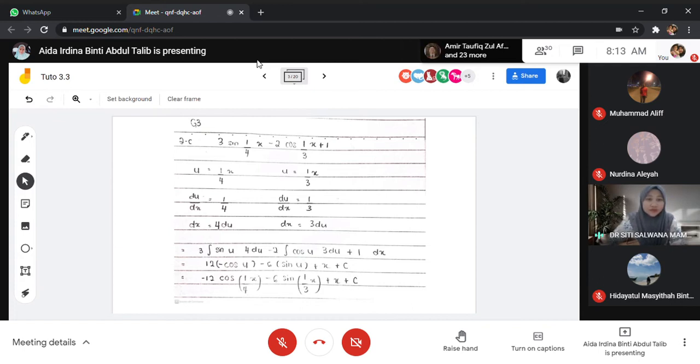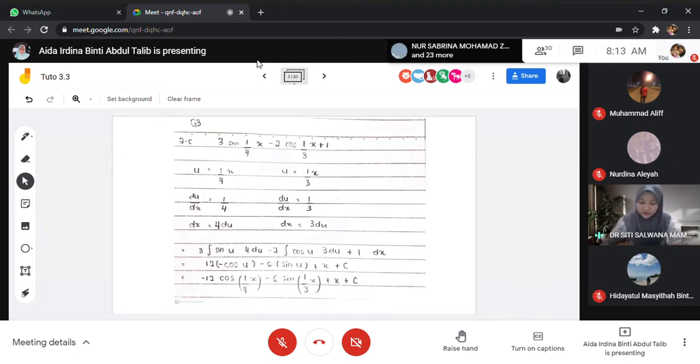You kalau sin you akan dapat negative cos, 1 over 4x. But then you tengok 1 over 4x ni dia punya coefficient is 1 over 4. Then you dividekan dengan 1 over 4 lah. Sama je actually. It's either you buat direct substitution, direct integration ataupun you guna u substitution.